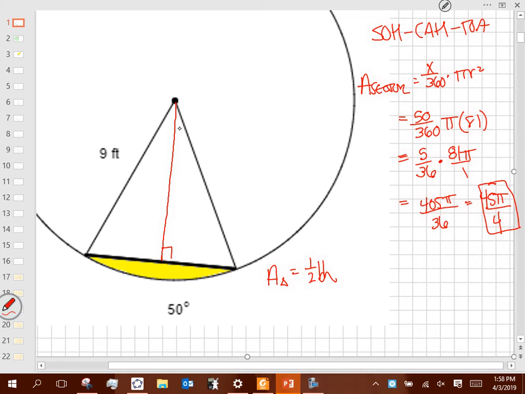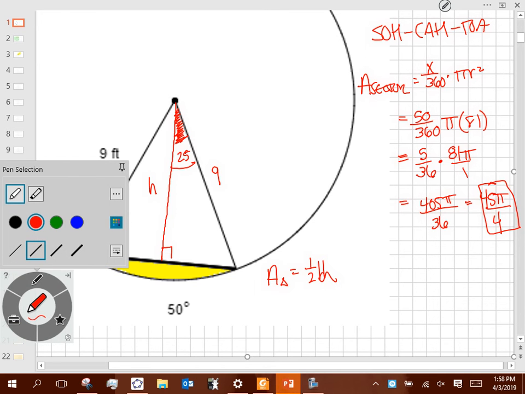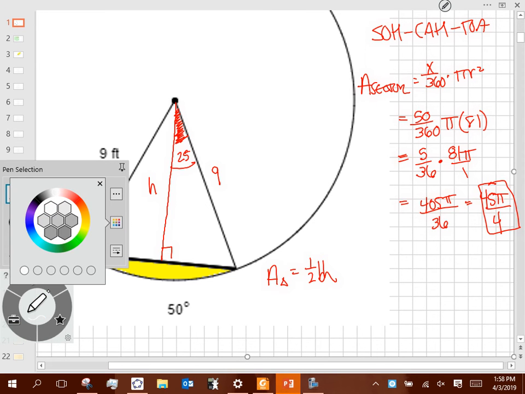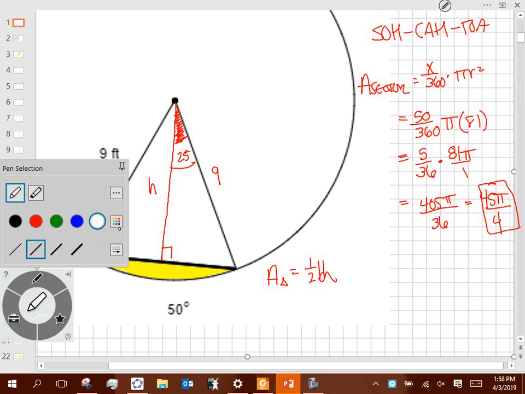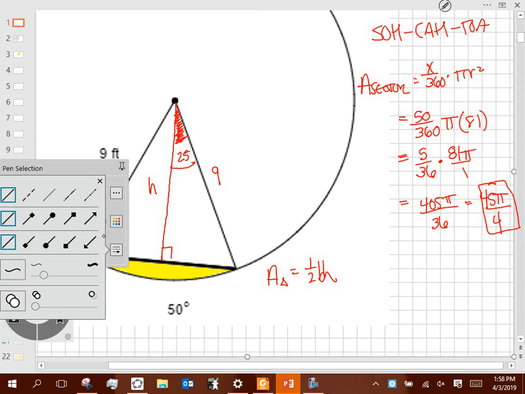What would this angle right here be? 25. Okay, so that angle is 25 degrees. This is 9, right?